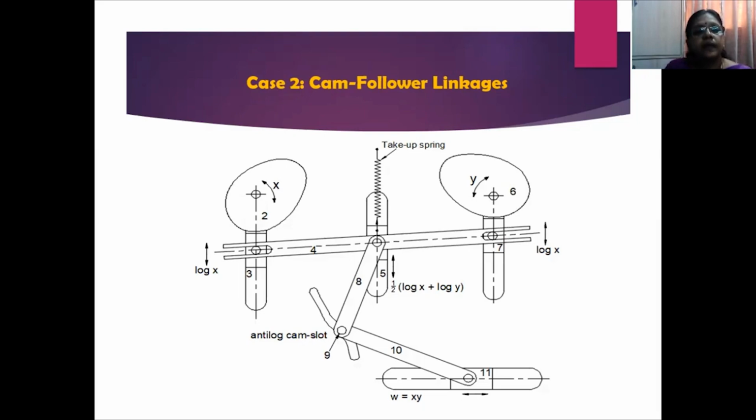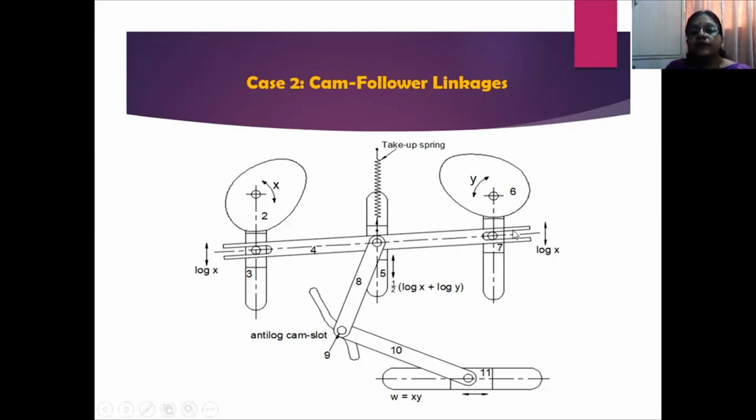Then you have link 4, a slotted link connected to follower 3, as well as another follower on the other side. Now link 5 is another bar which is connected to link 4, and one end of this link 5 is connected to a spring to hold its position.